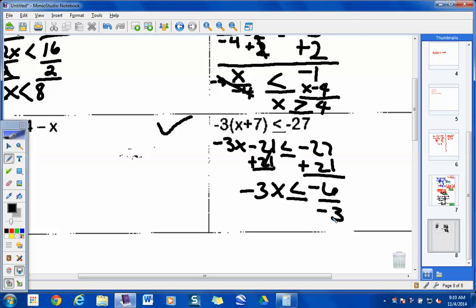Now you're dividing both sides by -3. Let's see. Did you divide both sides by -3 there?